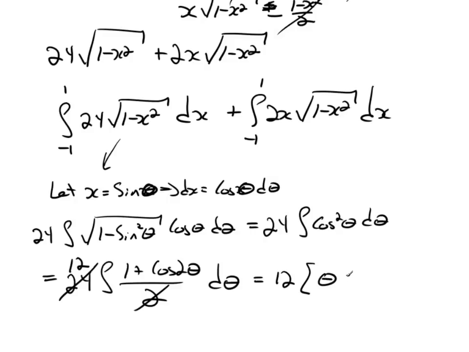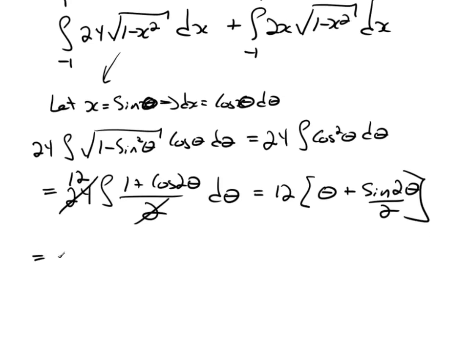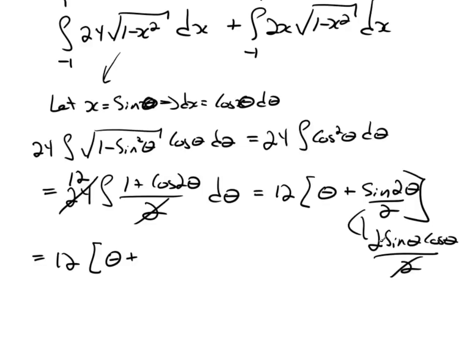theta plus sine 2 theta over 2, which is going to be 12 times theta plus, this is the same as 2 times sine theta cosine theta over 2, so the 2's cancel.